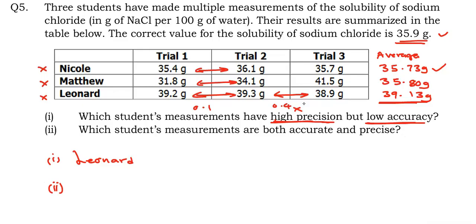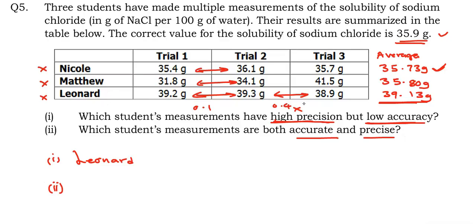Now, which student among the 3 is both accurate and precise? The average value he answered must be very close to the true value. First, Nicole is qualifying to be highly accurate. 35.7 is very close to 35.9 because we only have a difference of 0.17 here.